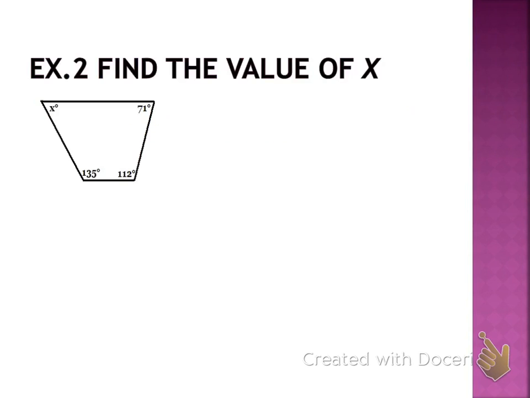On we go. Find the value of x. Okay, what kind of polygon is this? A quadrilateral, which means that all the angles should add up to 360. So much like we did when we had triangles, we'll just take that sum of 360 and do what with all the angles we know? Okay, you can add them up and then subtract one big number.